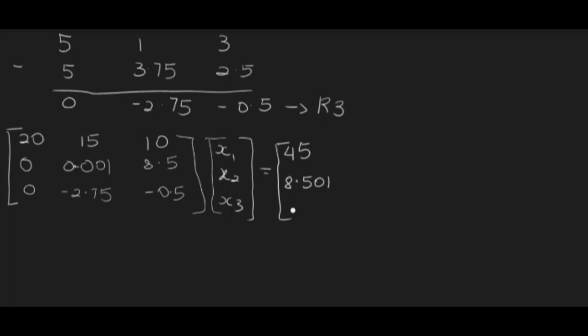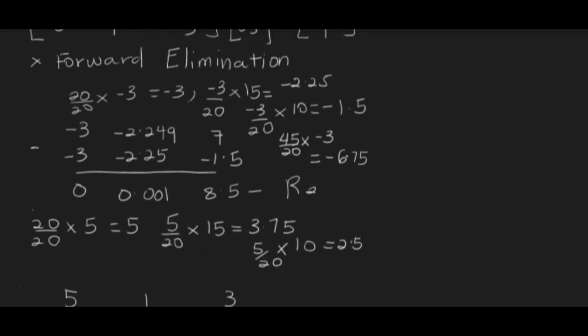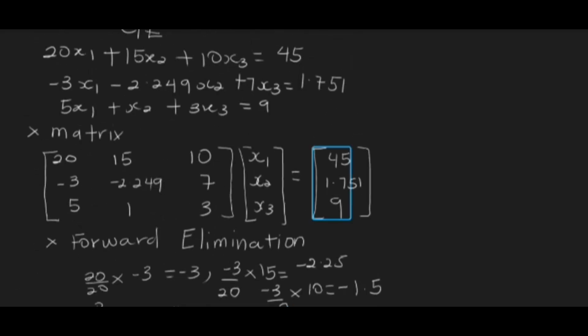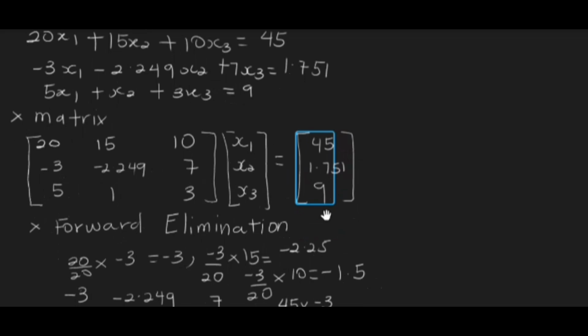then our final one, which is this side, we multiply the 45 by what? By 5, then we divide it by the 20 again. So as we did for the coefficient matrix, it will be the same for this side too. So you divide this side by 20.